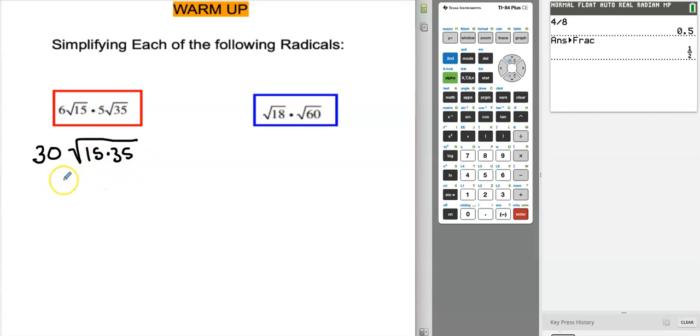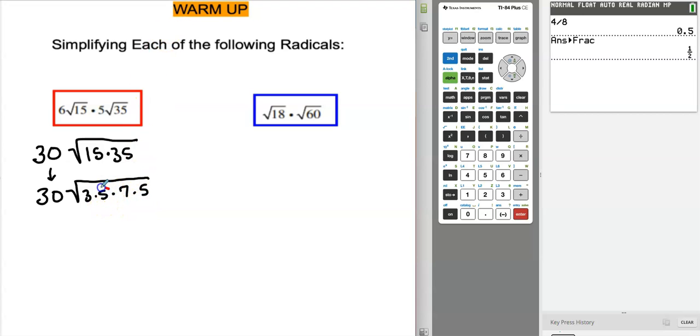So if I continue to factor this out, you should see that I get factors, and I'm just going to bring this 30 down. So this is going to be 30 times the square root of 3 times 5 times factors of 35 would be 7 and 5. Alright, and so you see I can't break this down anymore.